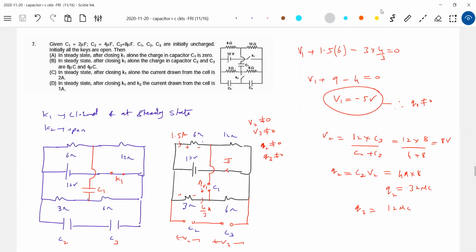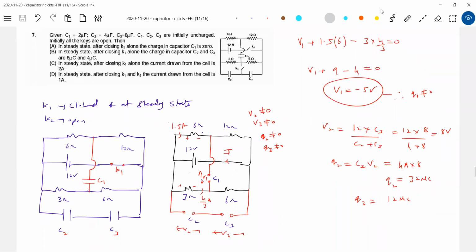The values, okay, we'll do one thing. 18, no? So 12 by 18, 2 by 3 ampere. Okay, so some problem is there here. 2 by 3 ampere. Okay, this is correct, no? 3, 6. So this will be 12 by 9. 12 by 9 will be 4 by 3. Okay, there's no problem. Let's check once again.